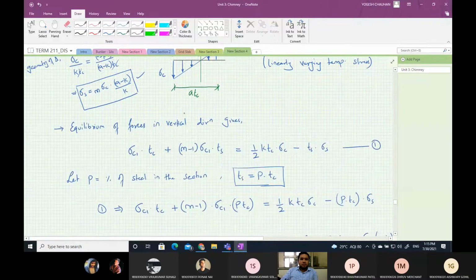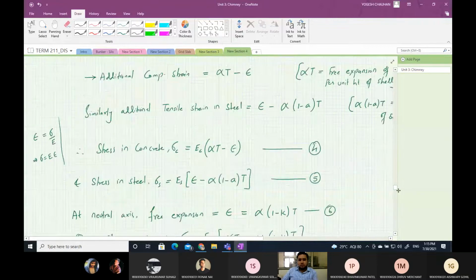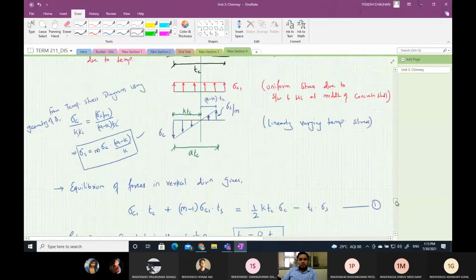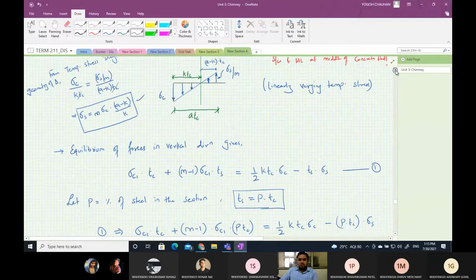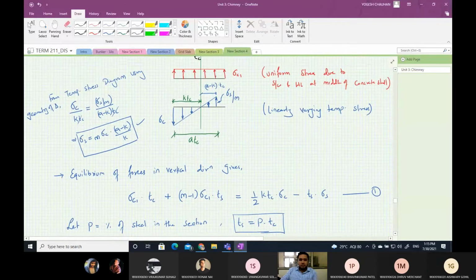Now take the equilibrium of forces in the vertical direction. Then sigma c1 times tc plus (m minus 1) times sigma c1 times ts, that is due to the uniform stress, is compressive.